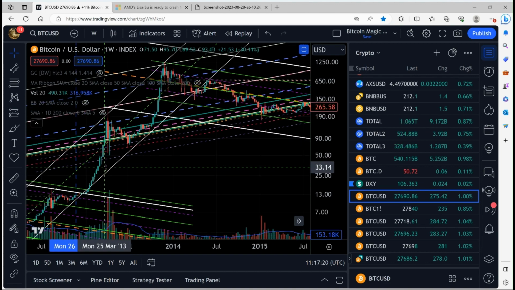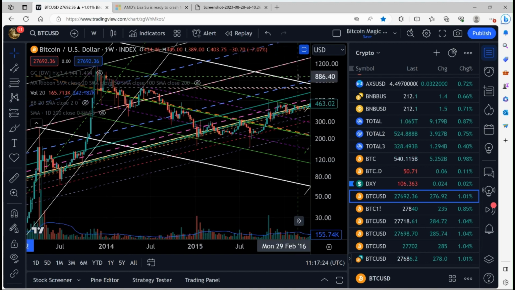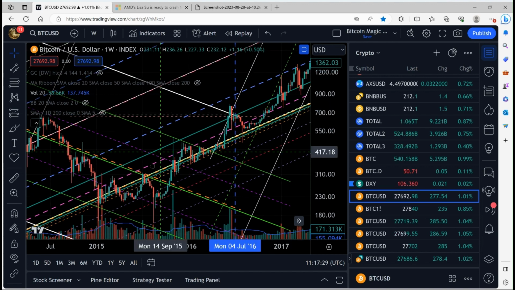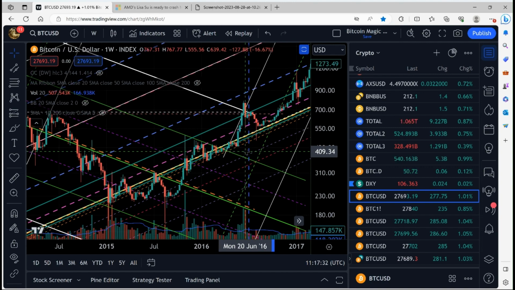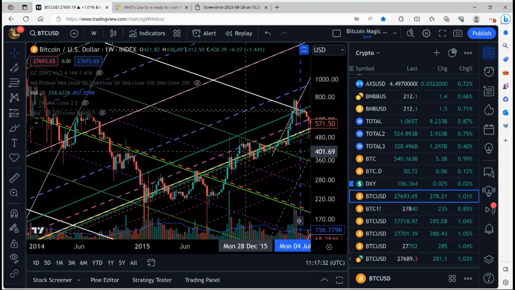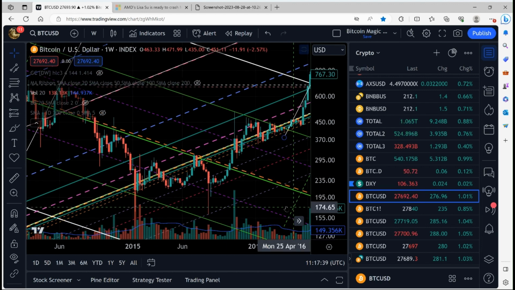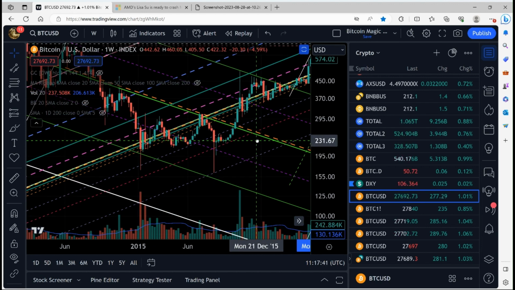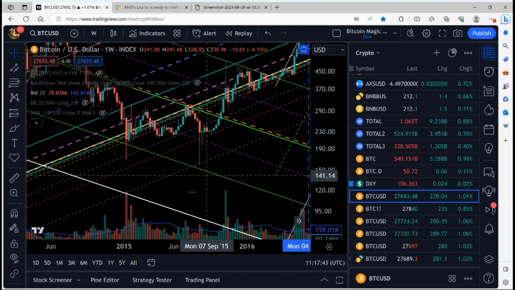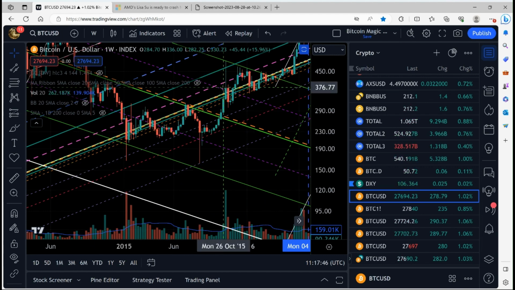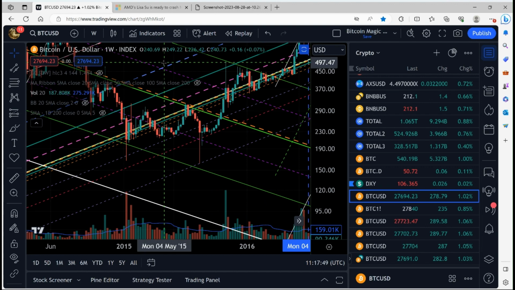But since 2013, that's the trend line. That's the parallel channel we've been trading at, and this is the bottom of the parallel channel. Now, you can see these. I gotta get it off to the auto. Sometimes auto is good, and sometimes auto is not. So I have these other lines that are parallel here. It's important that everything is parallel.